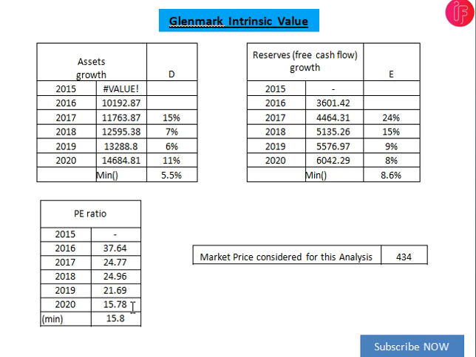Sector to sector it varies. You can see the other companies involved in the sector, find the PE ratio for those companies, and then compare whether the Glenmark PE ratio is overvalued or not. With respect to this particular stock, in my view, this is overvalued. The market price considered for this analysis is 434 rupees.